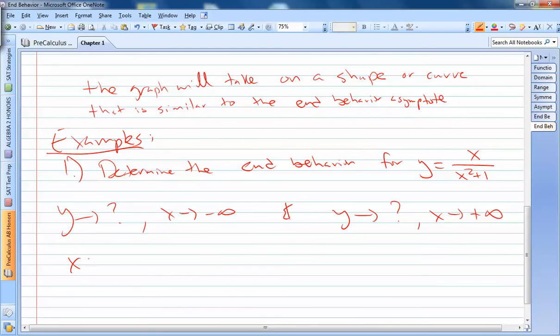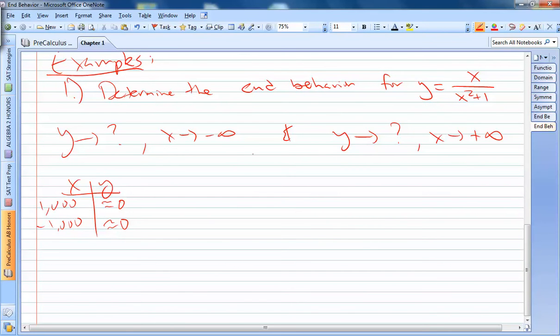Now if you were to make a table and plug in large values for x and small values like negative 1000, what you would see in the calculator is that y gets very close to 0 in each instance. So that's why I say it's approximately equal to 0.